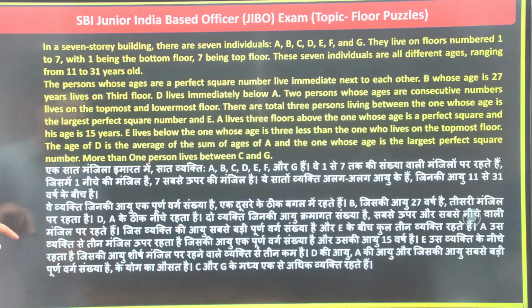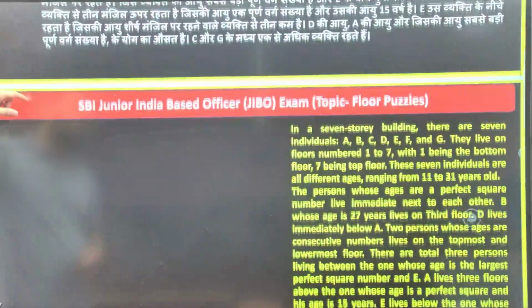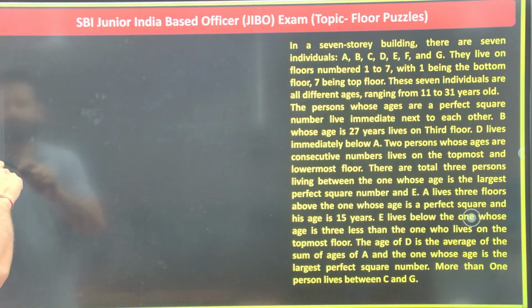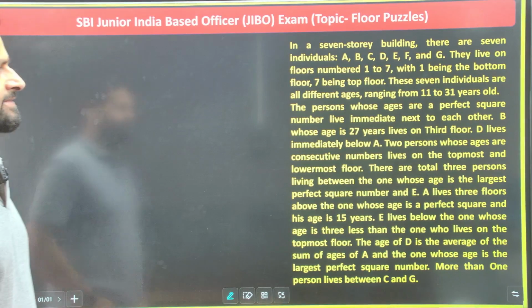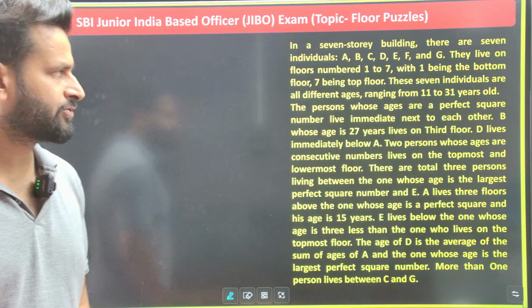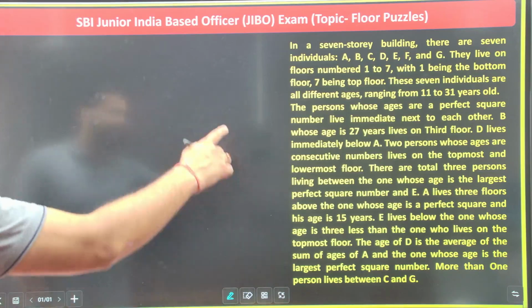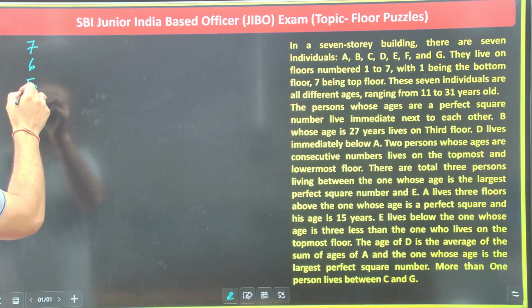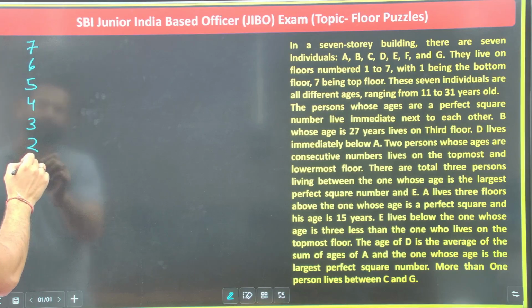Shall we continue? Let's see. So there is a seven-story building. Floors are numbered 1 to 7, with 7 on the top. So this is 7, 6, 5, 4, 3, 2, and 1.